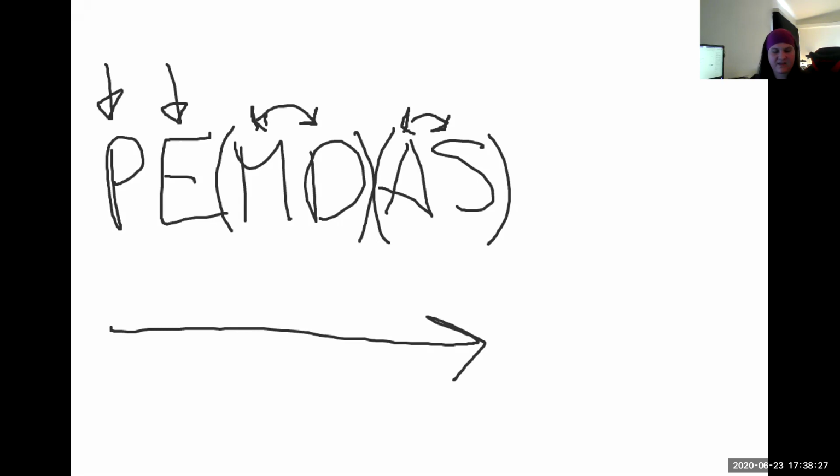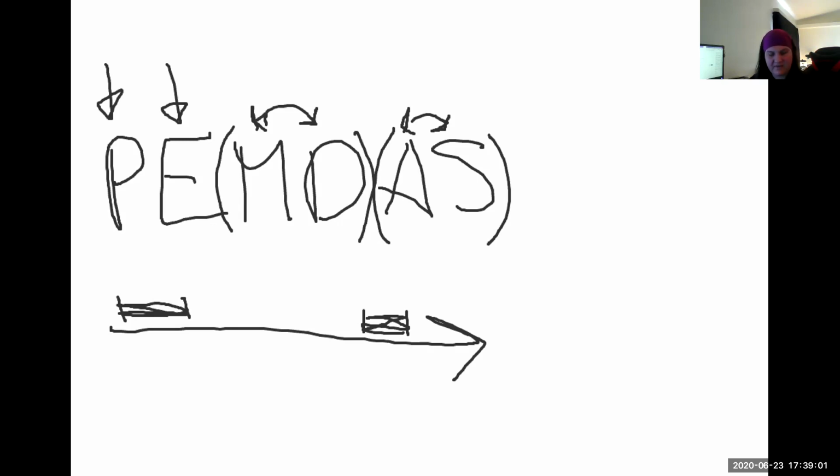So if we have done all of our parentheses, we've done all of our exponents, and there's a division portion right here, and there's a multiplication portion right here, we're going to do the division portion first because it's at the beginning of the equation. We don't have to do the multiplication first. What I mean by these being interchangeable is that depending on which comes first in the equation from left to right, you can do it.